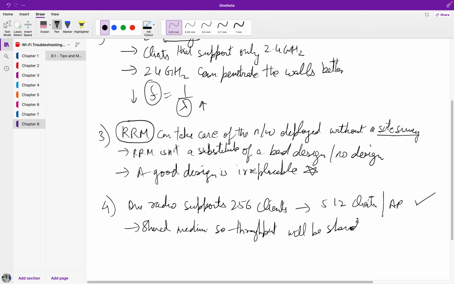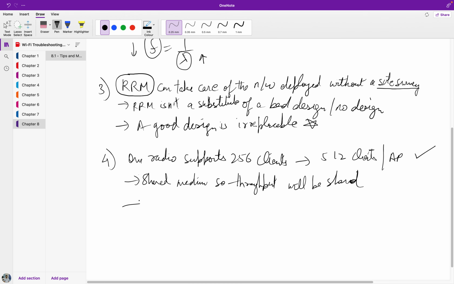Now imagine 150 clients sharing 1 gig of throughput coming out of the AP. That's going to be a challenge. Or 150 on one radio, let's say 200 or 300 clients on an entire AP, is going to be a big problem. So theoretically yes, it can support, but practically do not let networks have more than around 40 clients for data per AP, 20 clients for voice and video, as I suggested in the other video that I made.